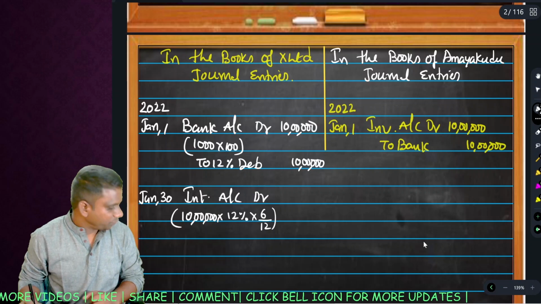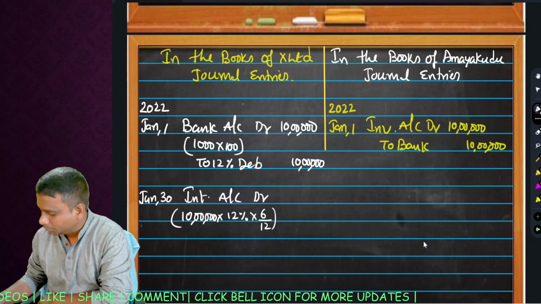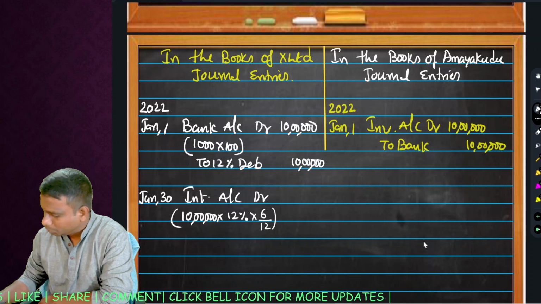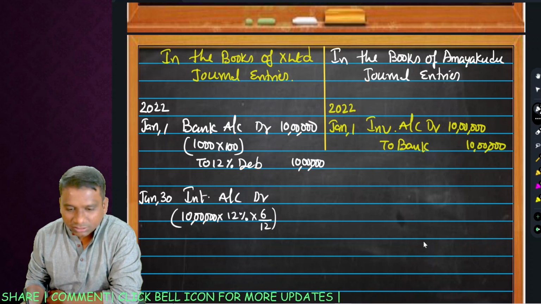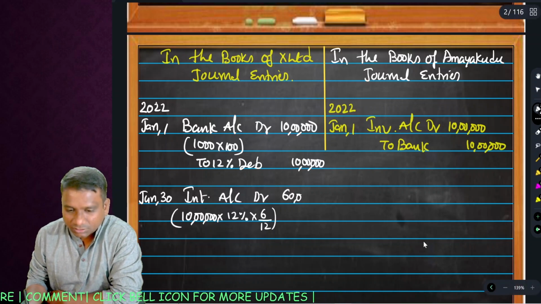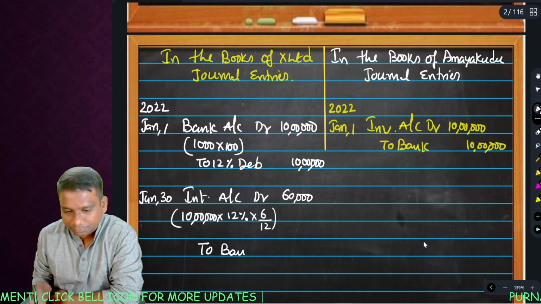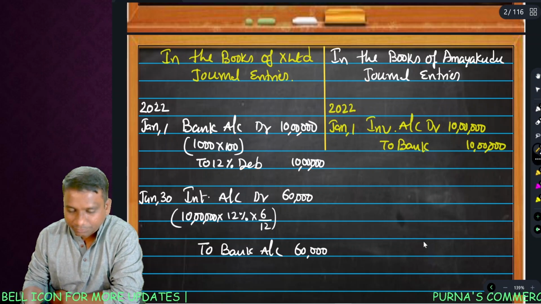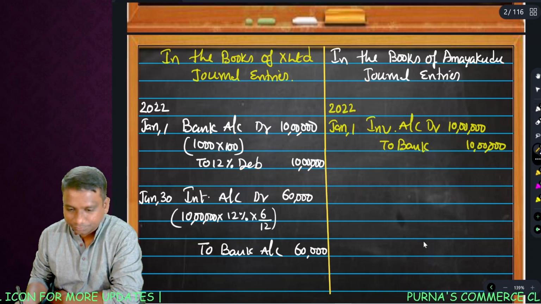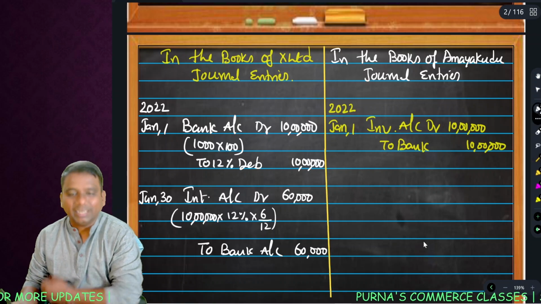Tell me how much? 10 lakhs into 12% into 6 by 12. How much interest is the company paying? 60,000. And to bank, I am writing the direct entry, bank 60,000. Understood? So this is the expense for X Limited.